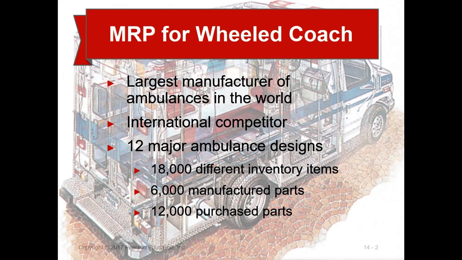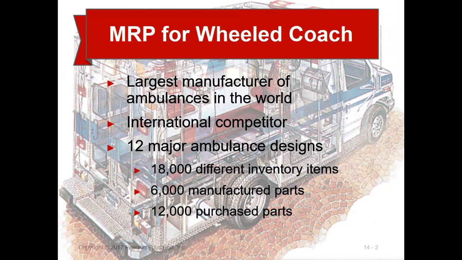So they have 12 major ambulance designs, but here the background of this slide is actually an internal view of this ambulance. It is very complicated, and they can reorganize the design into different options, like airplanes, like all the other manufacturing products.